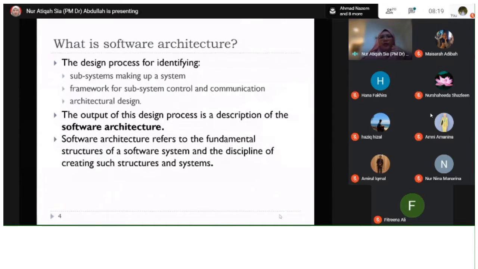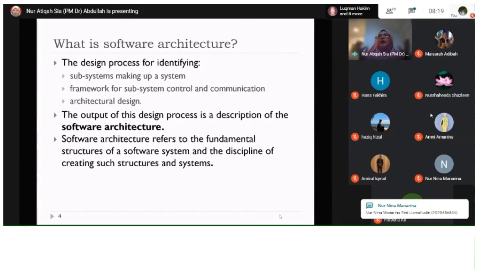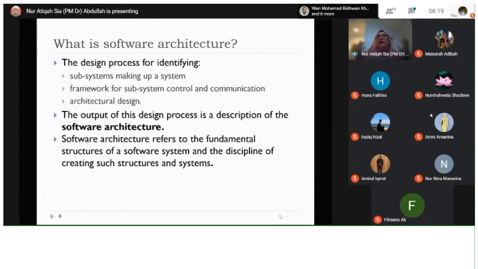So that's why we want to learn what software architecture is. When we talk about software architecture, it is a whole design process in which we identify what makes up the system, what components are inside the system, what subsystems should be inside the enterprise system, what the communications will look like, what the control mechanism will be, and what the layout of the software will be.